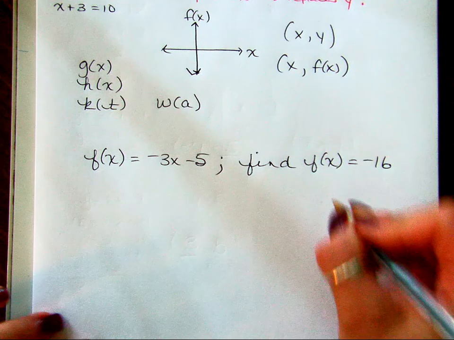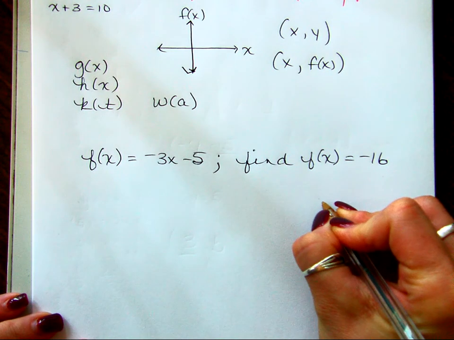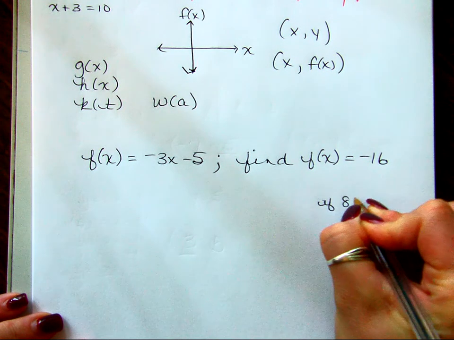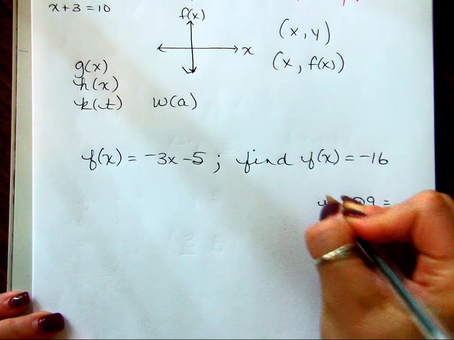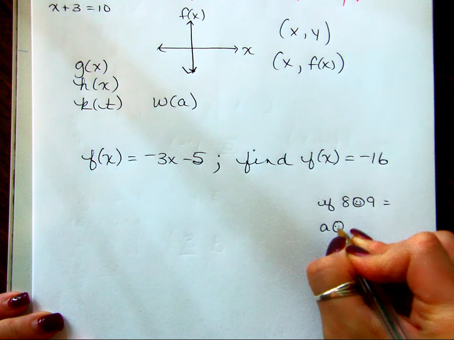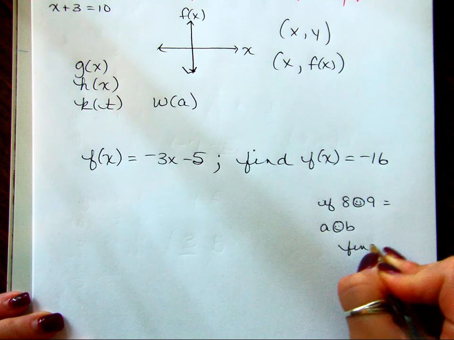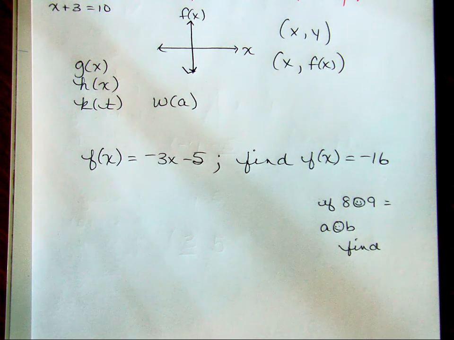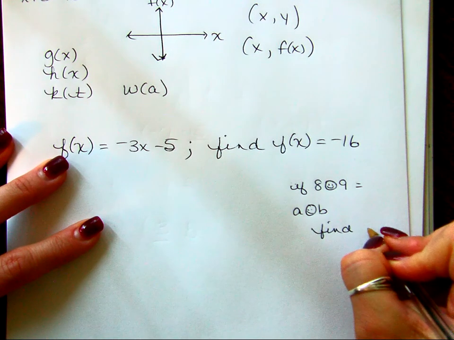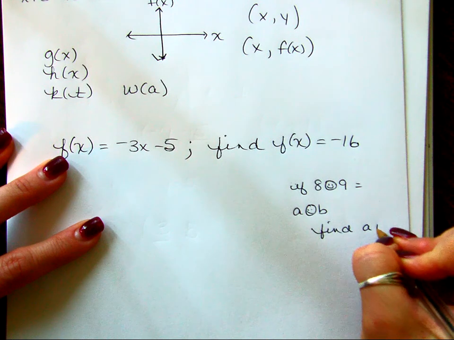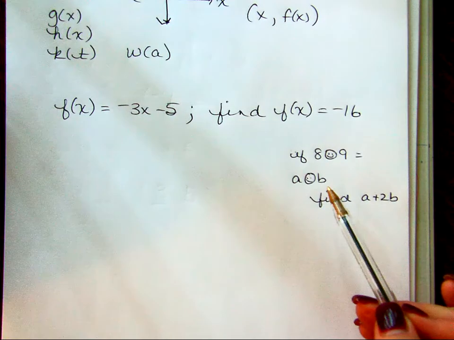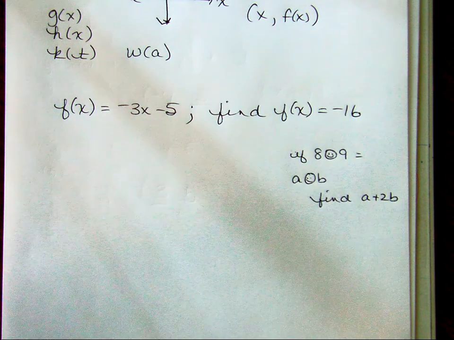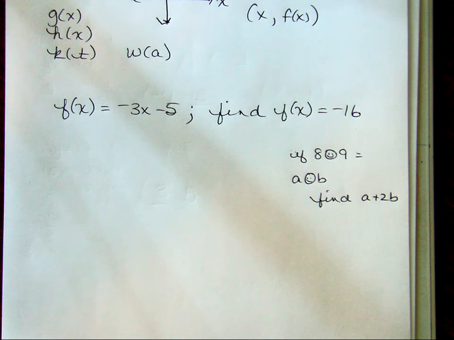It said, if 8 smiley face 9 is equal to A smiley face B, find... And one of these was just, find A plus 2B. So you had no clue what this meant. But about 30 seconds after I showed you, you were like, oh, that's it? Remember that? So all I needed to know was where to put the 8 and where to put the 9.